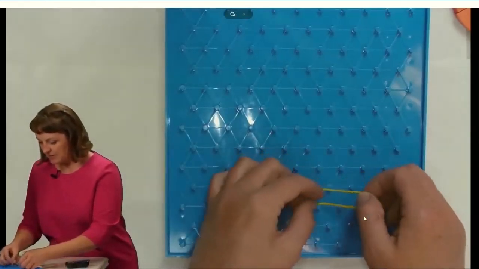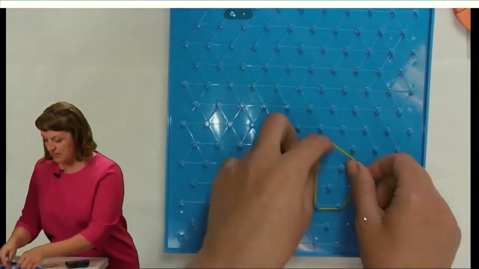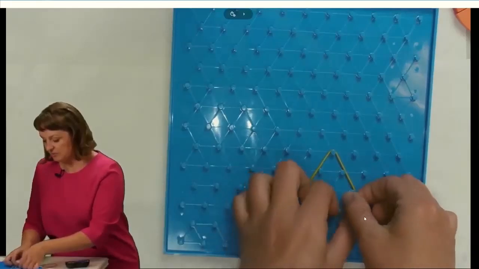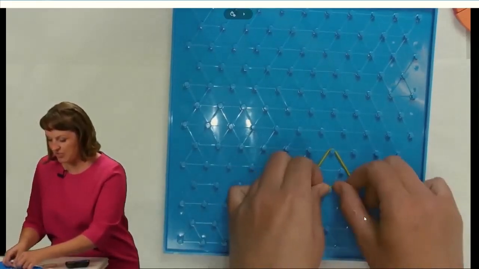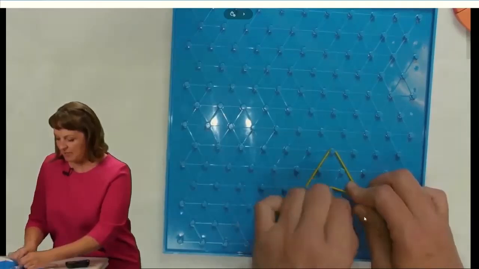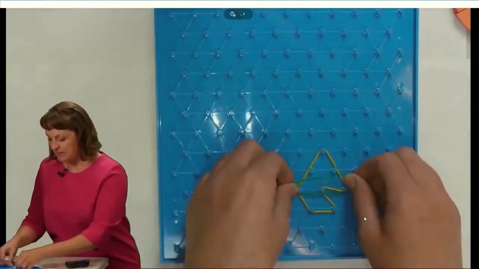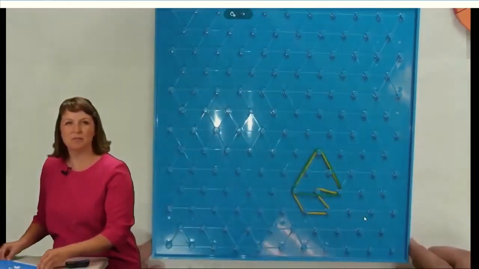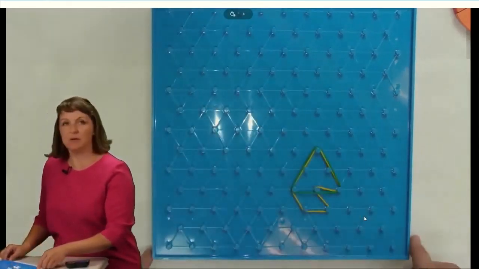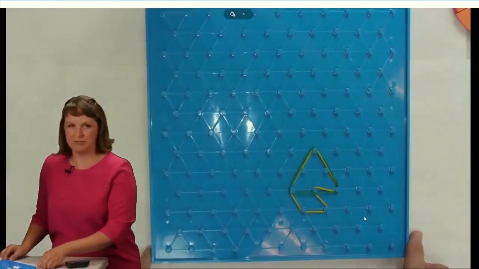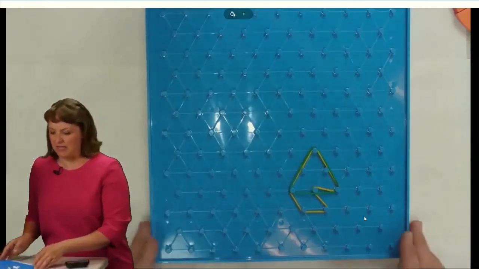So here I could do an area that is broken into, let's see what kind of shape I want to make here. 1, 2, I'll make an interesting shape to show how this works. 3 equal parts. And then I'm going to take one of my rubber bands and show 2 of those 3 parts. So my yellow represents the whole, and my green represents the fraction 2/3. Now there's other ways that I can use the area model, and I'm going to show those on my slides.